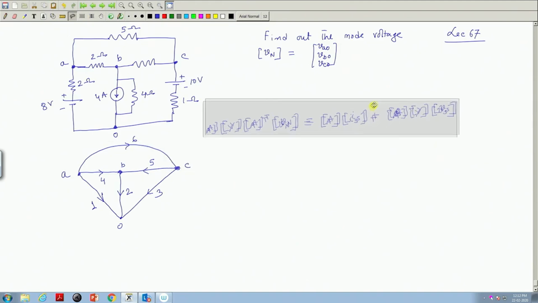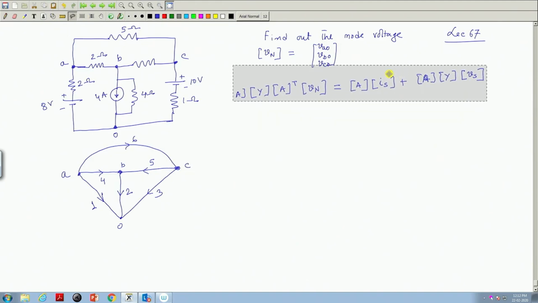So, nodal method means you have to do like this: A Y A transpose V n, node voltages I want to find out. So, I must form the A matrix. A matrix formation is one of the simplest among A, B and Q.